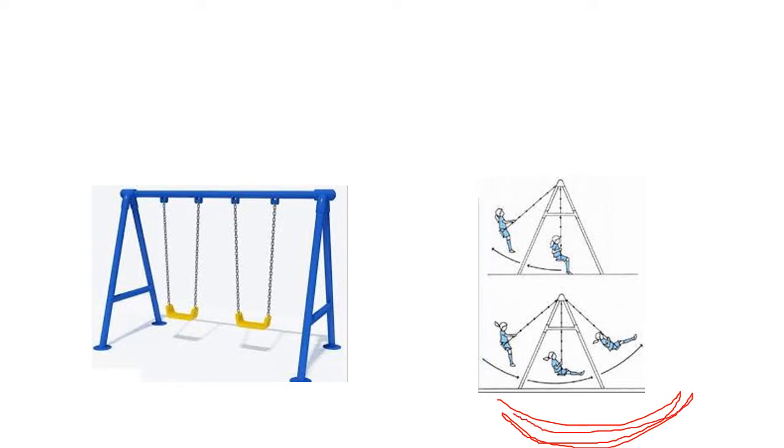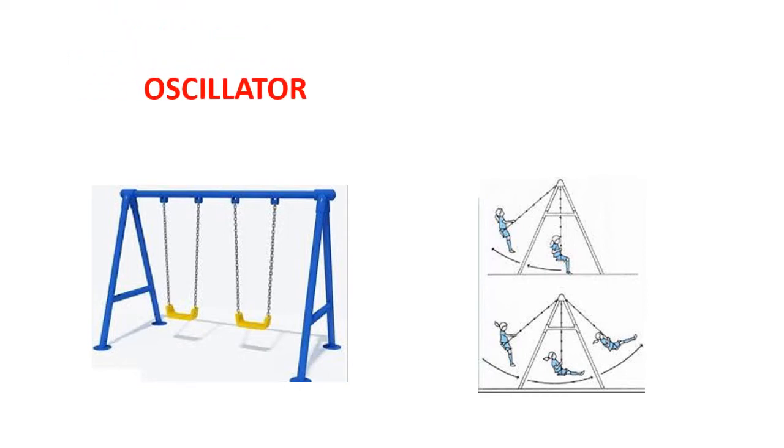This motion is called the oscillatory motion, and the object that is doing this is called the oscillator. This is an object which is performing this motion, so we will call that an oscillator. And one oscillation. What is one oscillation, children?